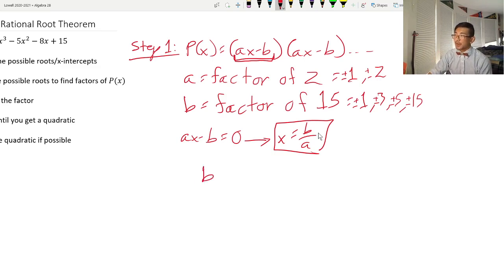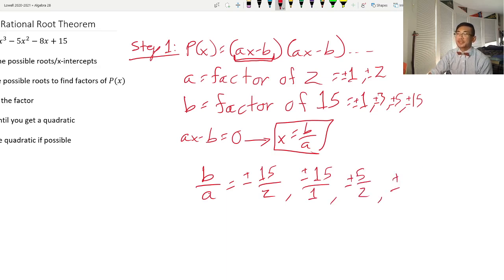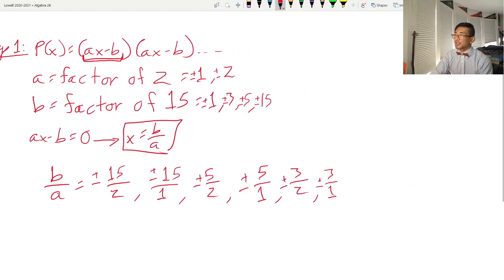So all our possible b over a's are going to equal, let's see, I could do 15 over 2, plus or minus, 15 over 1, plus or minus, 5 over 2, plus or minus, 5 over 1, plus or minus, 3 over 2, and 3 over 1, again plus or minus.